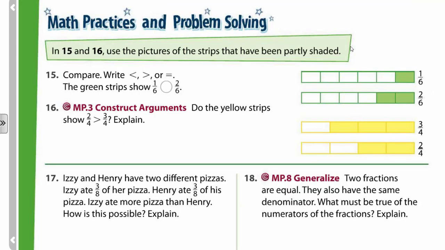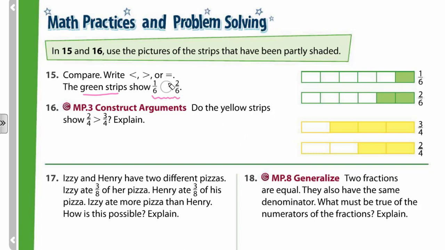And here in this page, Yusuf, we have these two questions. Use the pictures of the straps that have been partially shaded. The first one, write less than, greater than, or equal to. The green straps show 1/6 greater than or less than or equal to 2/6.